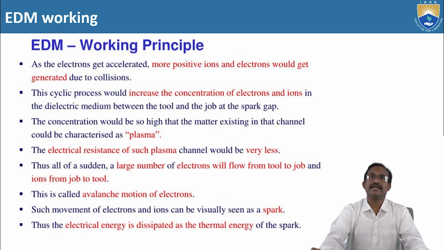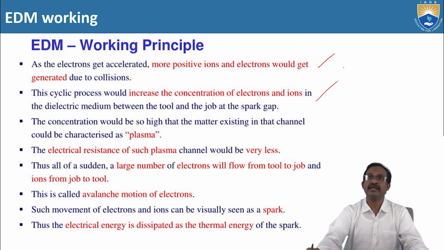As the electrons get accelerated, more positive ions and electrons would get generated due to collisions. This cyclic process would increase the concentration of electrons and ions in the dielectric medium between the tool and the job at the spark gap.